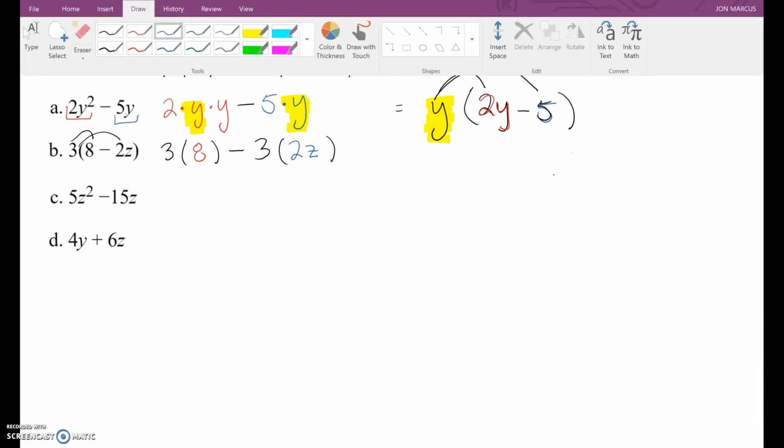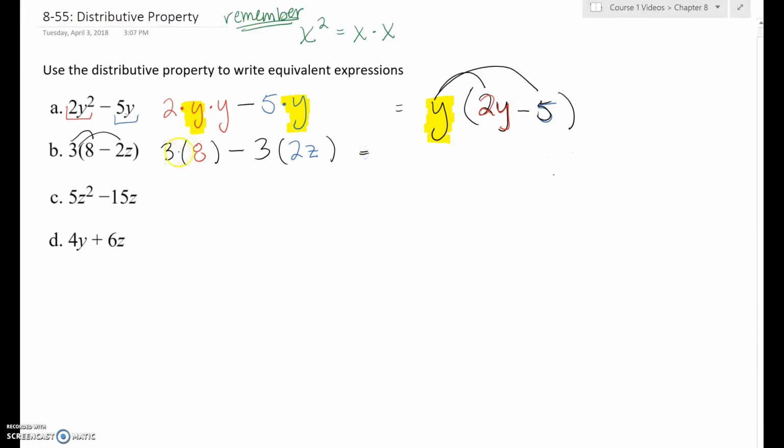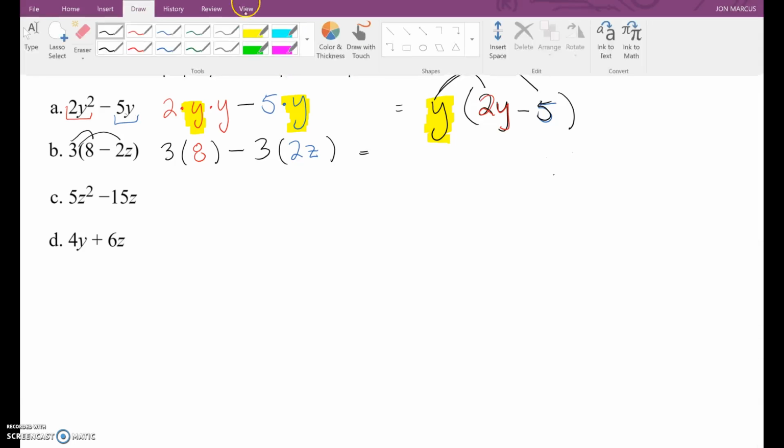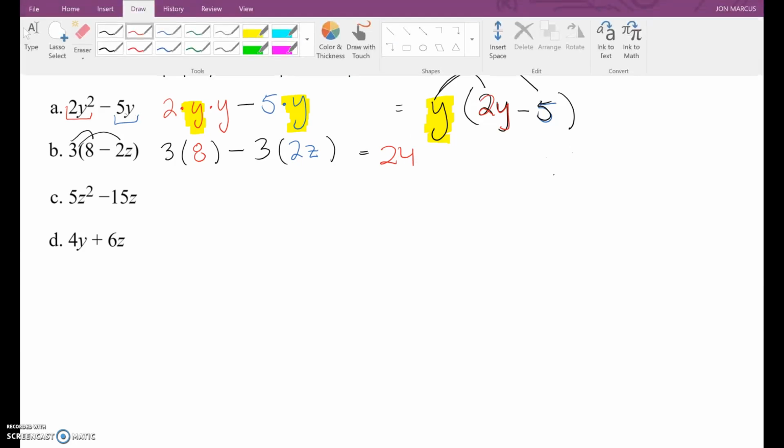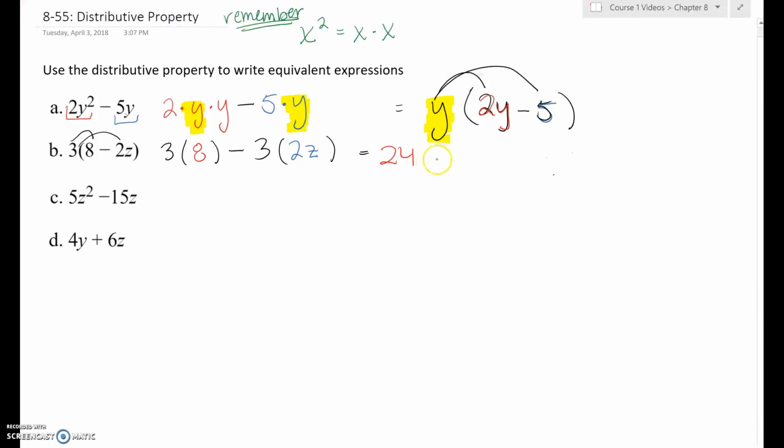And what do we get? Well, 3 times 8 is 24. Minus, what is 3 times 2z? 3 times 2z is 6z.